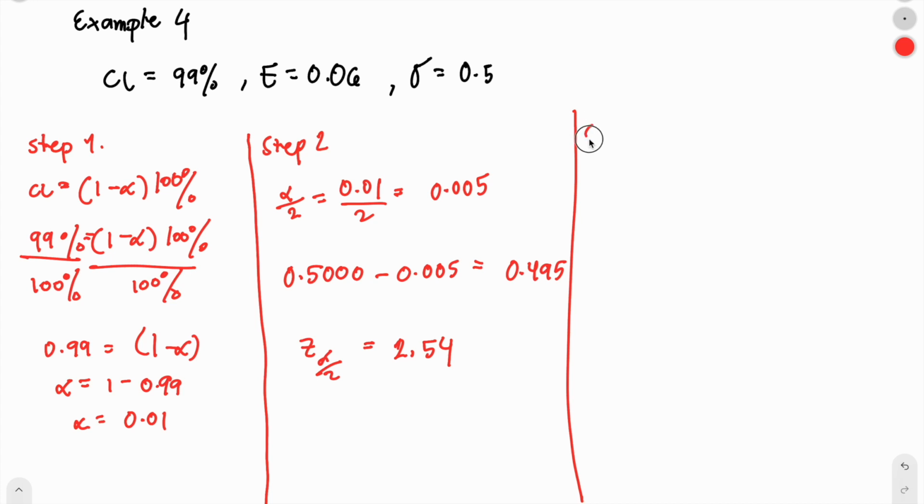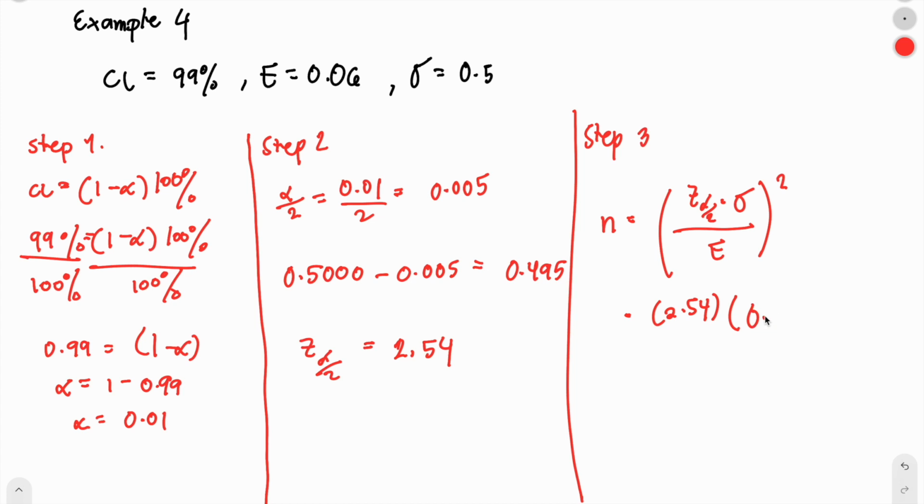Then step 3, the formula for n that we derived was z alpha sub 2 times sigma over e, squared. Therefore, we have 2.54 times 0.5 over 0.06.